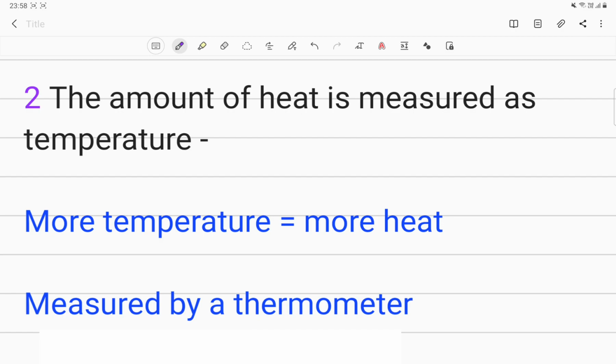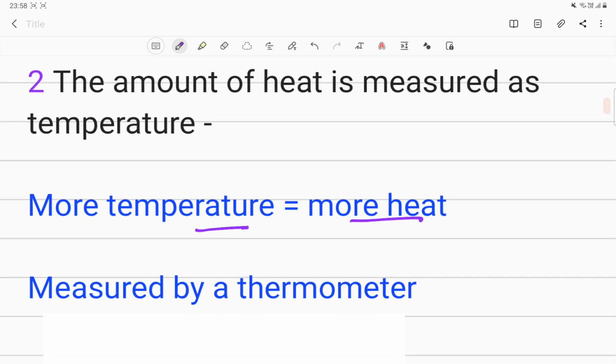So if some object has more heat inside it, then it has more temperature. And if some object has less heat energy inside it, then it has a lower temperature. So the more the temperature, the more heat energy inside the object. The less the temperature, the less heat energy inside the object.